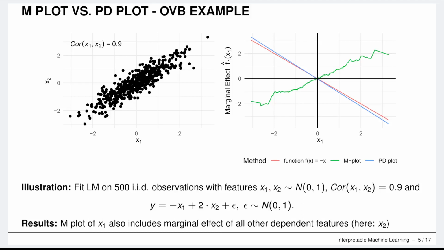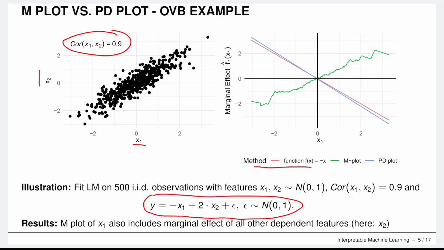For this, we have simulated two correlated features, x1 and x2. Here you see the correlation of both features. And we have visualized the true function of the marginal effect that we have described here. Basically, the true marginal effect of x1 is a linear line with negative slope.